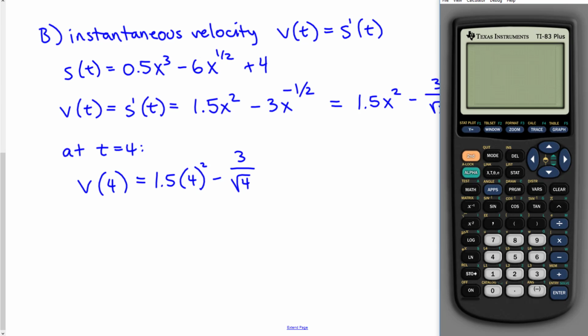So 1.5 times 4 squared, which is 16, minus 3 divided by the square root of 4, but since the square root of 4 is 2, I'll just write minus 3/2. So 22.5 is the instantaneous velocity at that particular point in time.